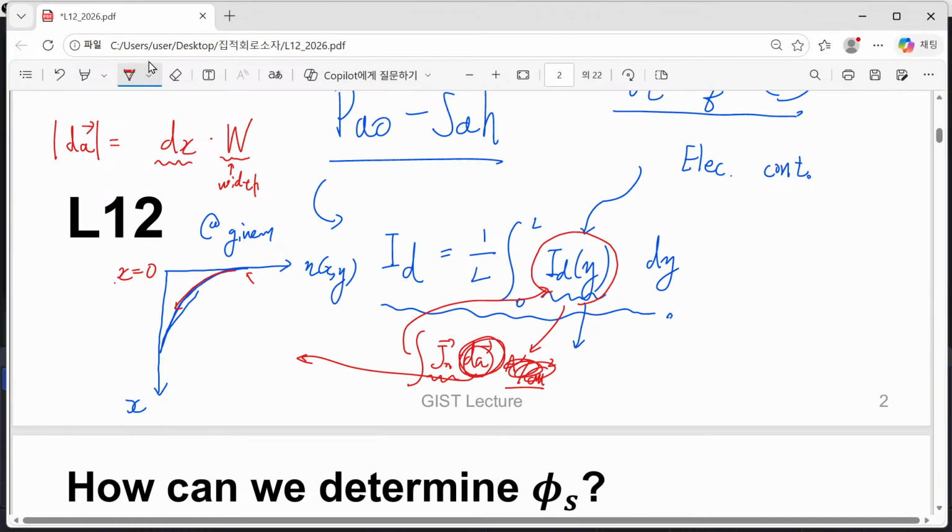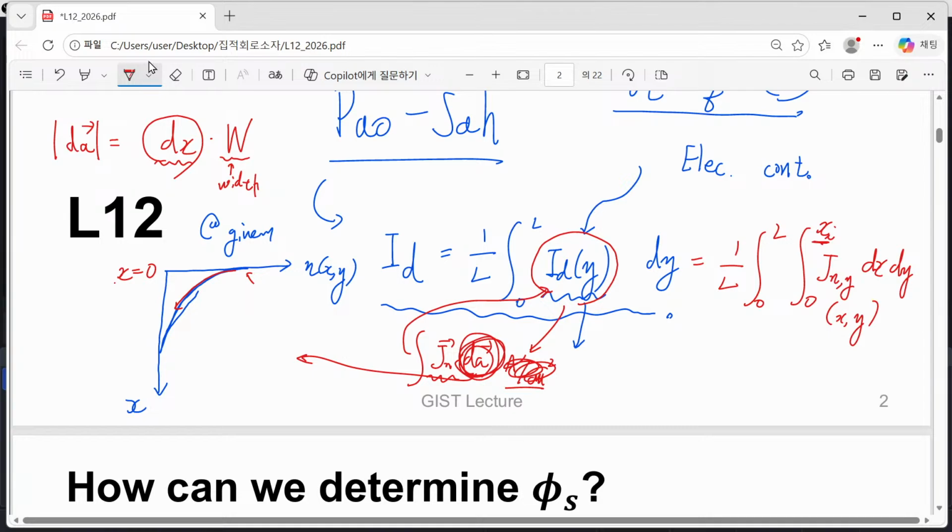Now this area integration just converted into an x directional integration, so that's the reason why eventually we have quantities like 0 to L for dy, and also an x directional one, 0 to some depth inside our substrate, or the end of our inversion layer, and also we have this Jn, a y directional component, a function of x and y.